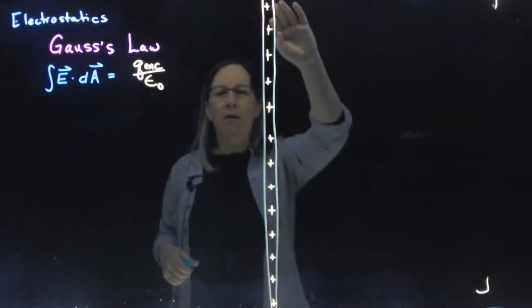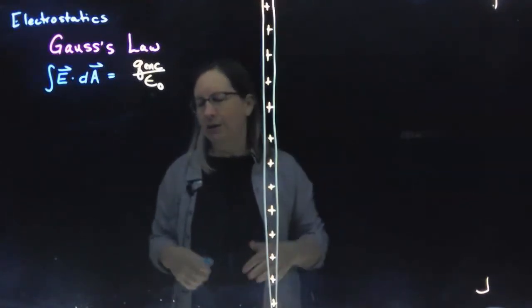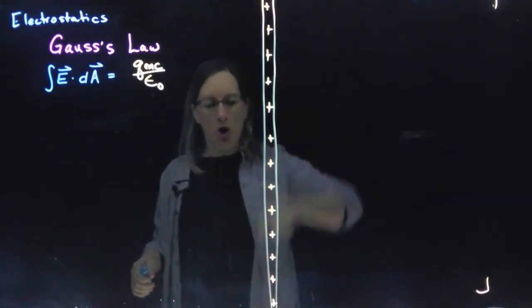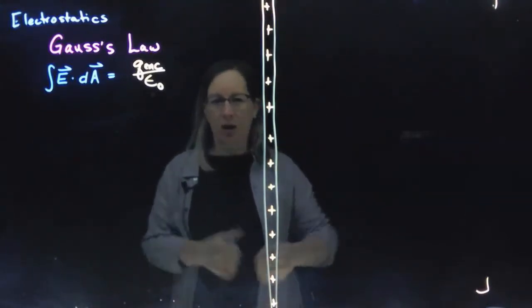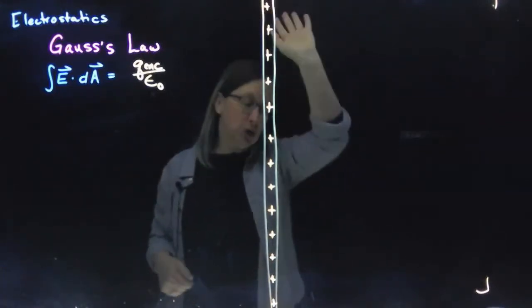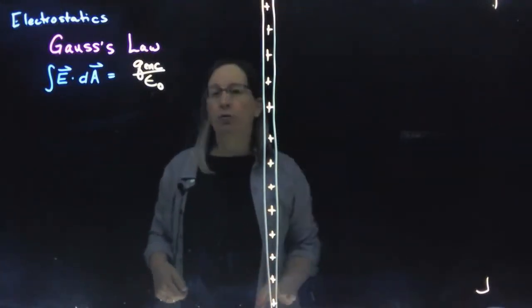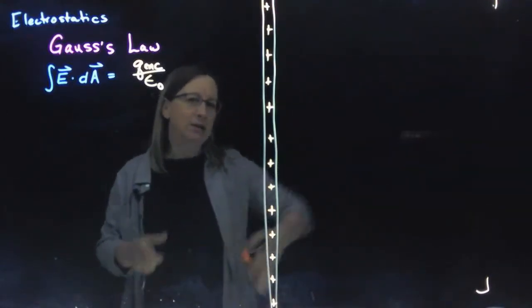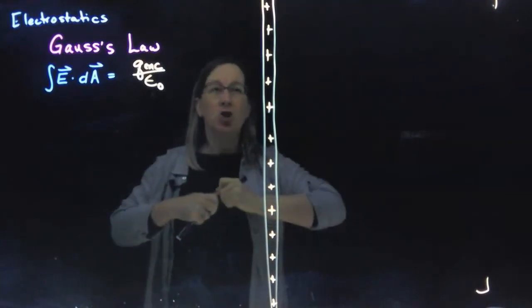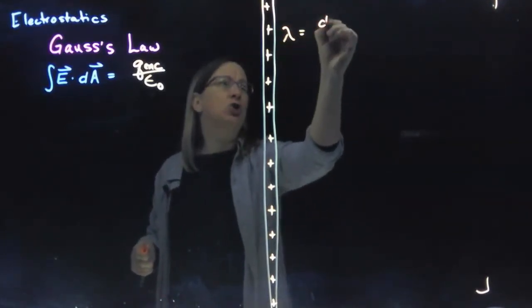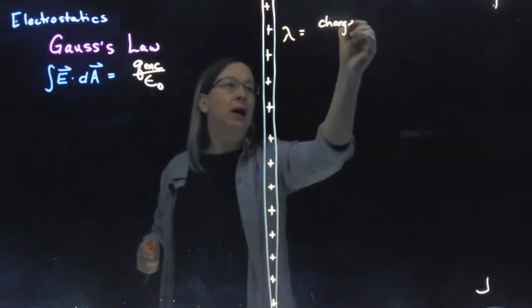So here, the idea is I have a very long, infinitely long, but really, really long charged insulator, like a long pole, a PVC stick or something like that, that's charged uniformly, the same charge all the way down. Because it's so long, we're going to talk about its charge density, lambda, how much charge per length it has.